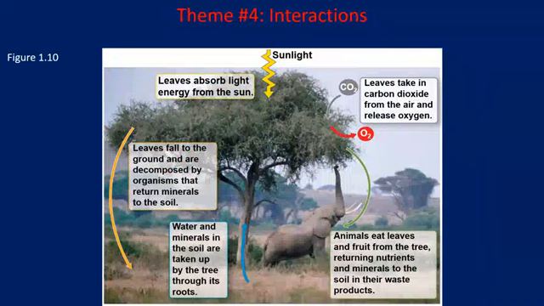And in terms of interactions, there are a lot of interactions. Over here, we see there is a tree, and the tree is absorbing sunlight. When it absorbs light, it goes into photosynthesis.